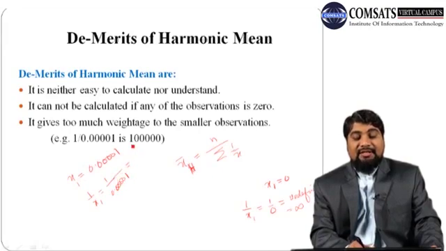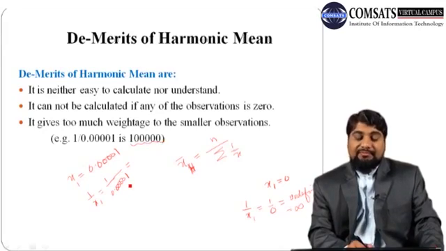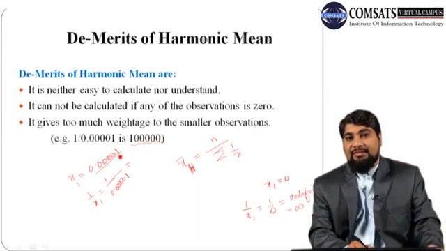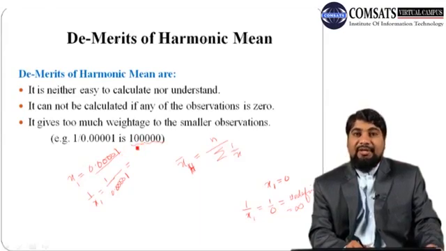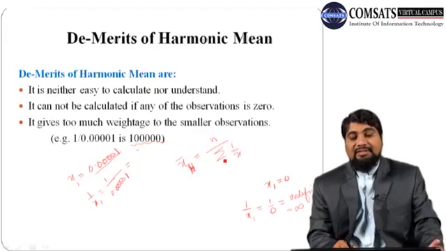From this we can see that it is a big number. So it means the actual observation is very small, but if we take the reciprocal of this very small observation, we get a very huge number. So in the summation, this will add a very heavy weightage of these observations. So this is another drawback of this harmonic mean.